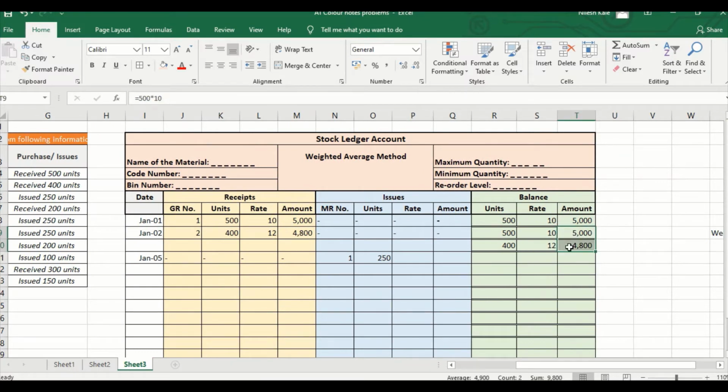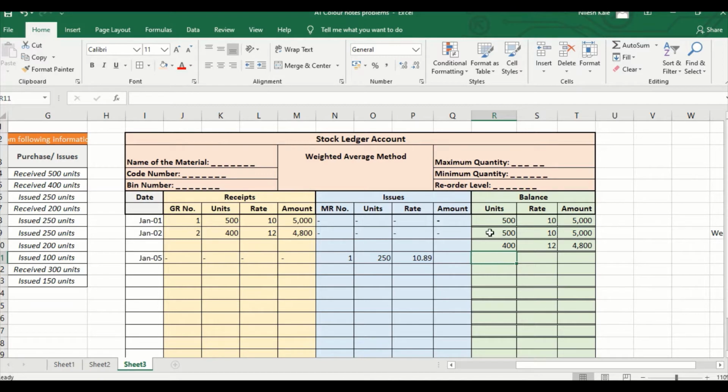This is the total balance, 9800 divided by 900. I will use the rate 9800 divided by 900. 10.89 is the weighted price for 250 units. If you understand this much, there is nothing difficult in this problem. Now how many units am I left with?